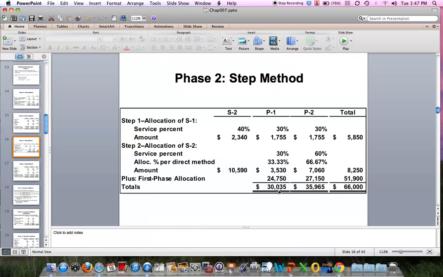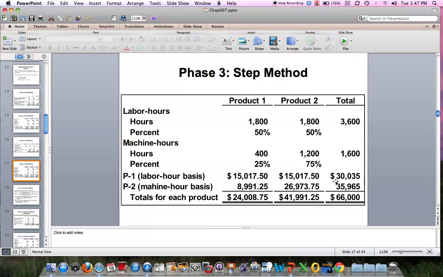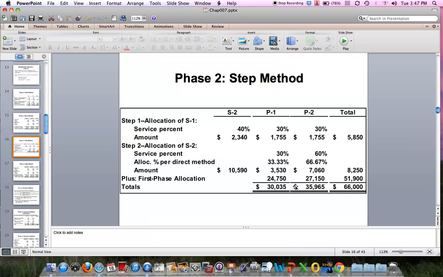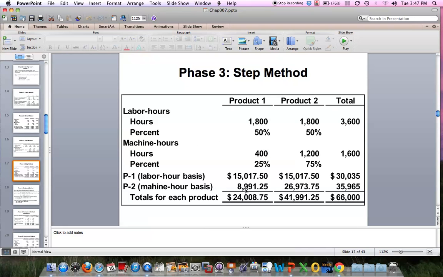That's what we're allocating here to product 1 and product 2 based on the labor percentages and then based on the machine hour percentages. Once we've got these, we have to allocate them down to each of the products that we're manufacturing. And now we've got a cost per product and total cost of 66,000.